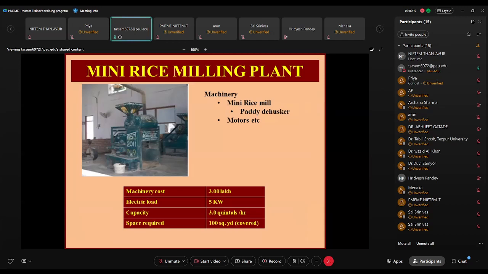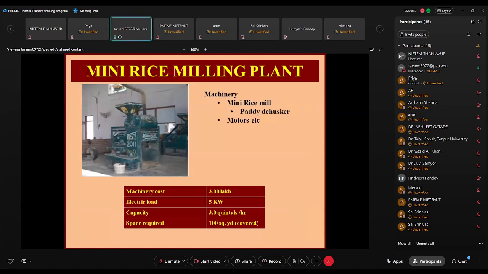These three machines, paddy dehusker, paddy polisher, and grader, may cost us around 5 or 6 lakh rupees, in which we can process around 3 quintals of paddy per hour. So out of 3 quintals of paddy, if the recovery is 65%, then naturally we will get about 2 quintals of rice out of that.